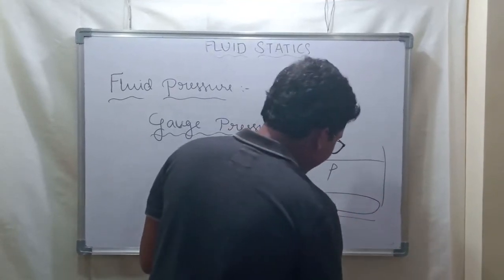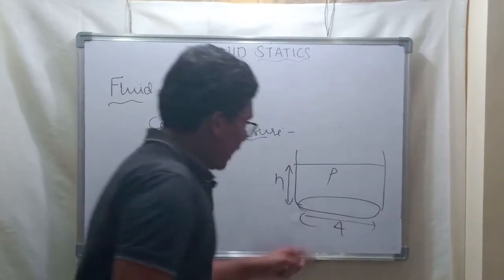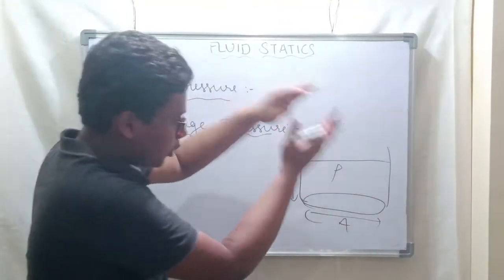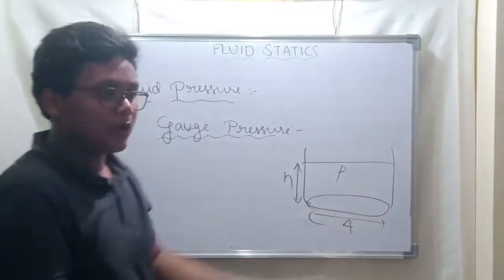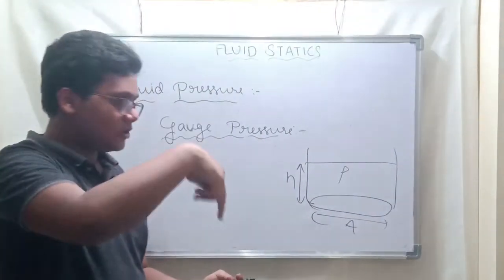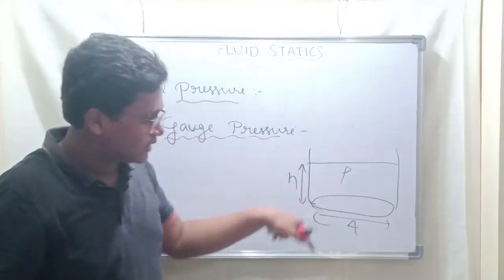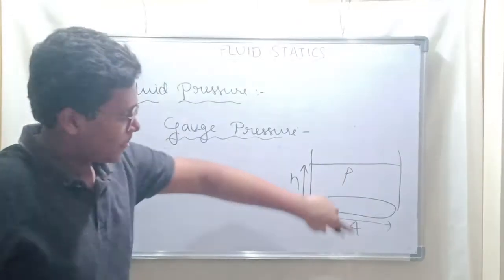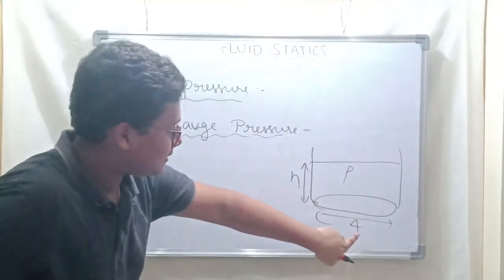The total pressure of this liquid is exerted downwards, because every molecule's mg is acting downwards. Total pressure will be more at the bottom, and it is acting downwards. So the area of that bottom is A.